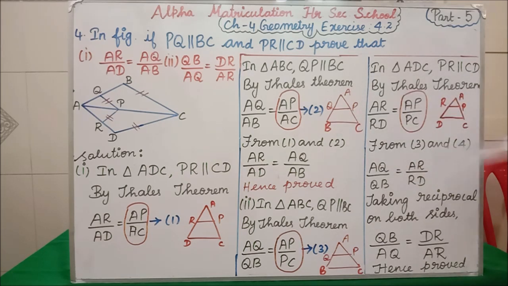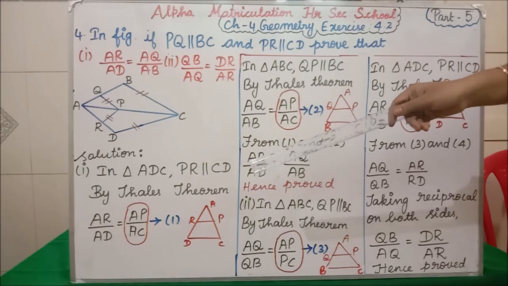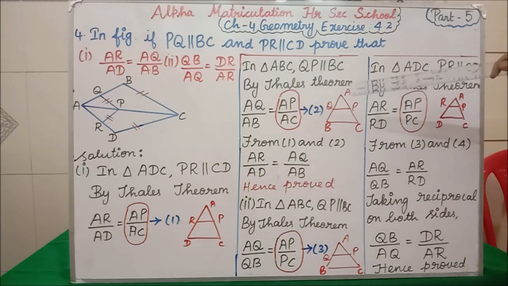Clear all of you? Now I have marked this as equation 2 and that as equation 1. Students, now you notice equations 1 and 2. Which part is equal? Both the right hand sides are equal. Here the right hand side is AP by AC, and here also the right hand side is AP by AC.